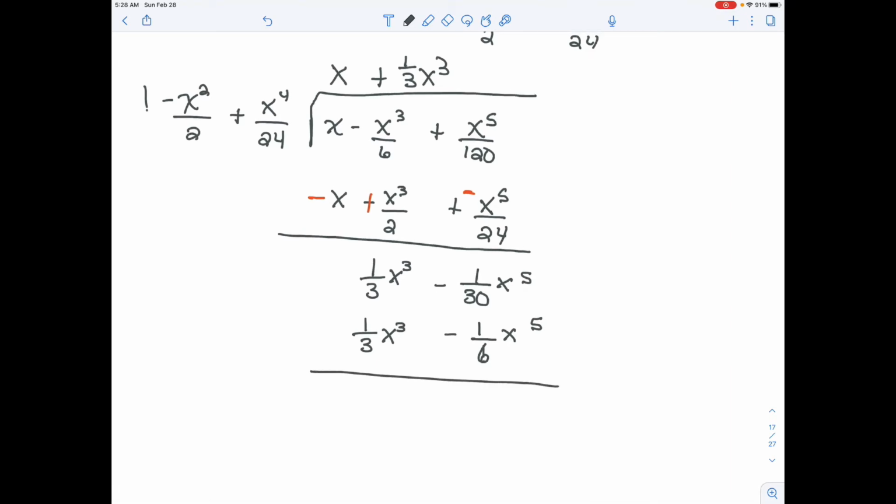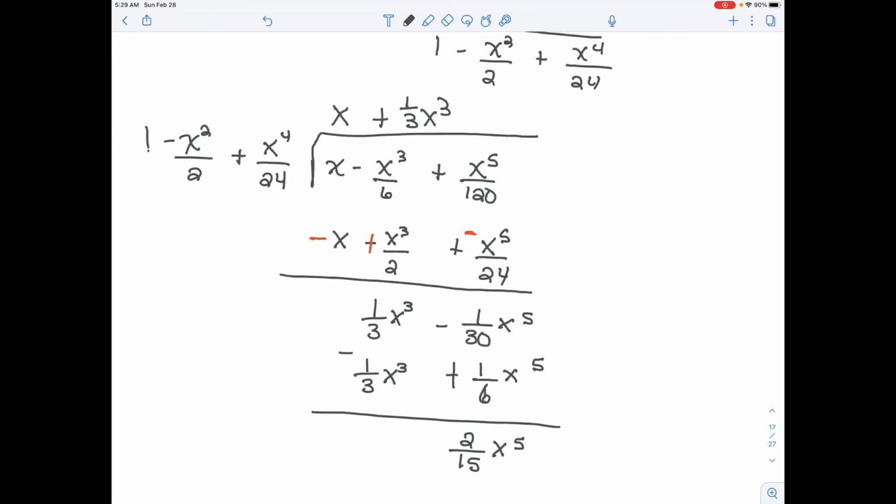Now, I only need 3 terms, so I only have to do this one more time, correct? So this is going to zero out, and then that zeroes out, and we're left with, looking at my answer, 2 over 15 x to the 5th.